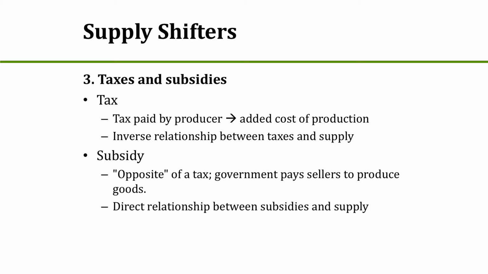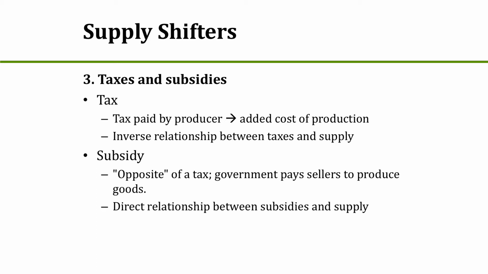So basically, in simplistic terms, subsidy is just the opposite of the tax. Instead of getting money from them and increasing the cost of producers, in the subsidy case, the government is paying money to the producers and decreasing the cost of the production process. So there's a direct relationship between the subsidy and supply.